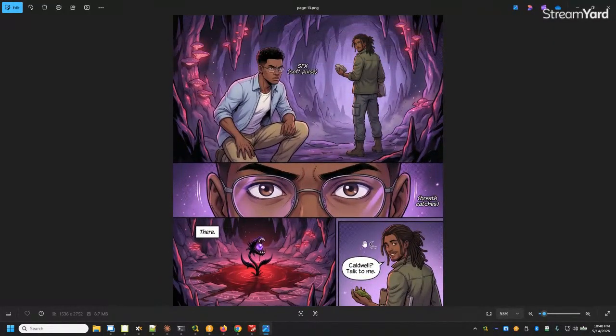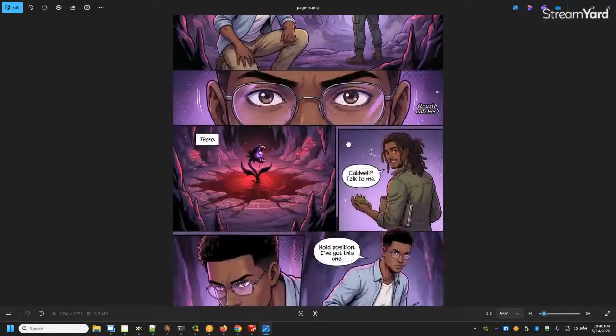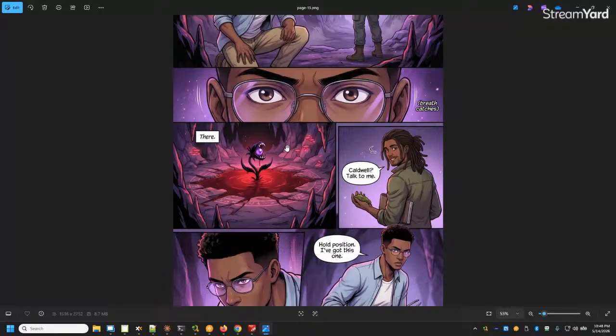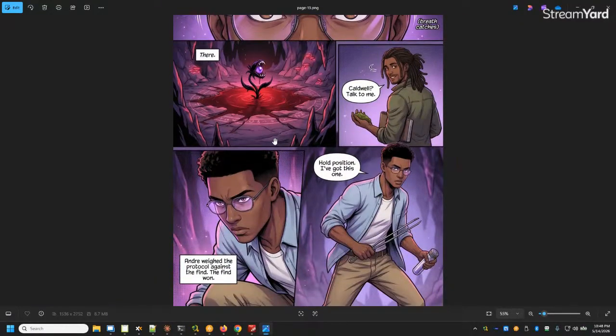Okay. Soft poles. Okay, and there's our vampiric sort of plant here. Caldwell, talk to me. Andre weighed the protocol against the fine. The fine won. Okay.